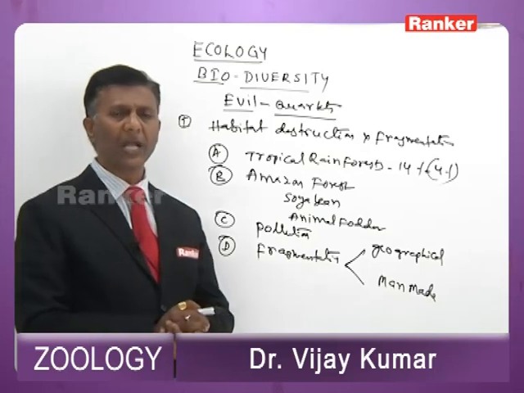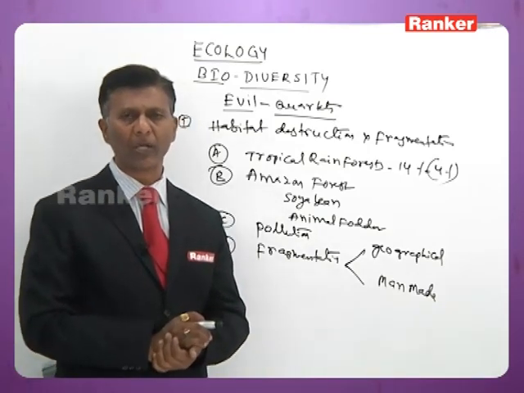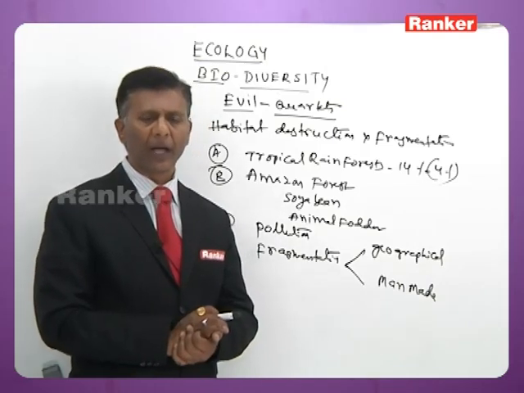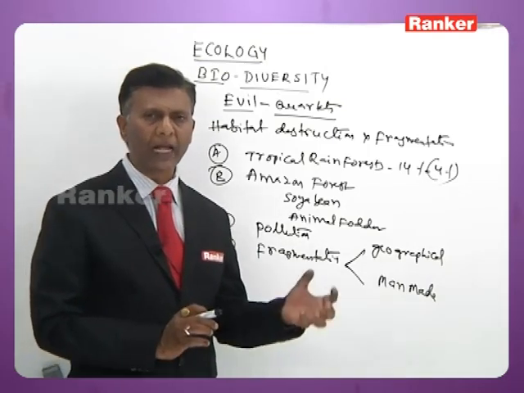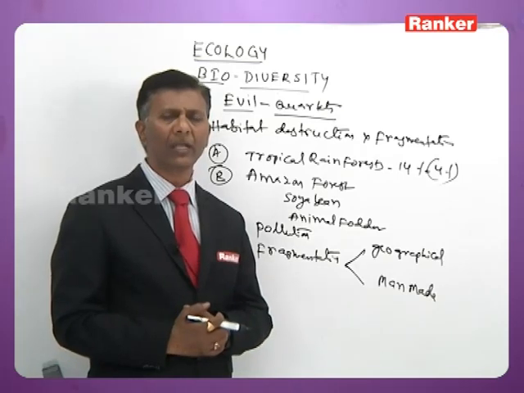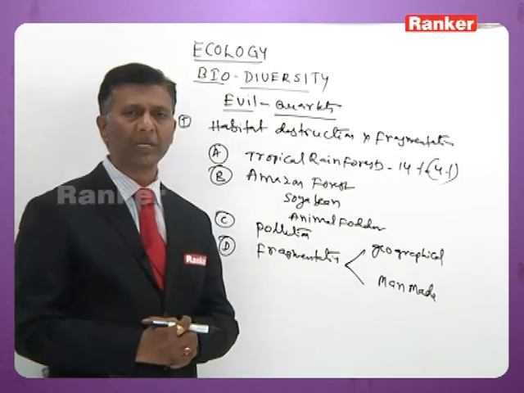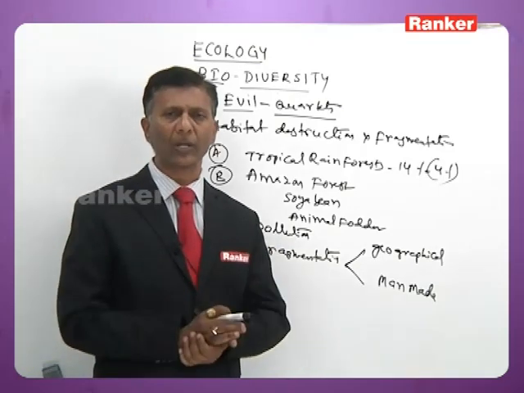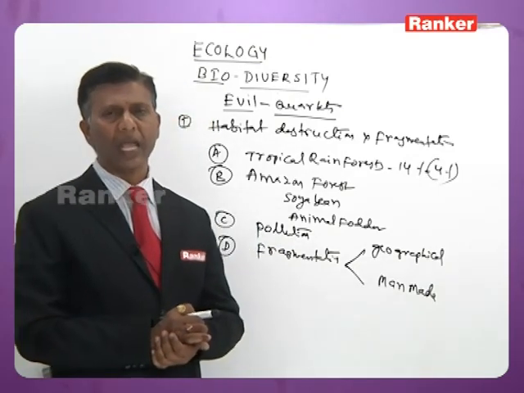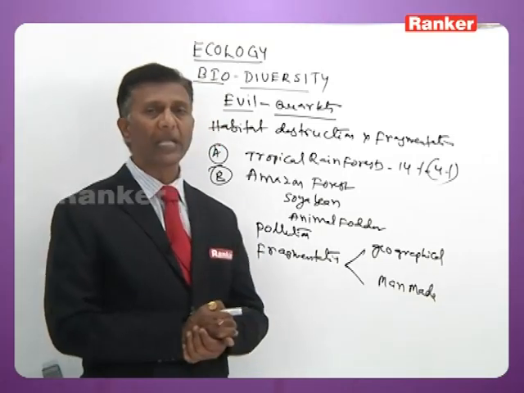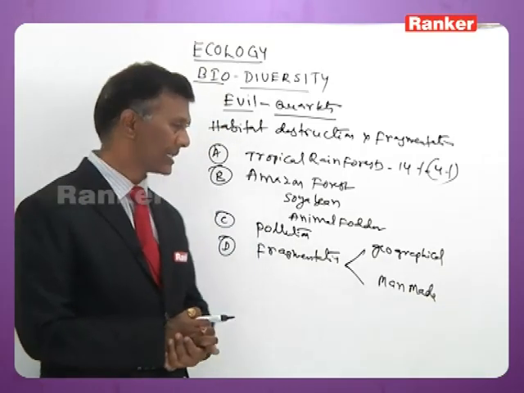Man-made fragmentation is caused by the laying of roads across the forests, by mining operations, and by all other human activities, which fragment the entire biodiversity. Most mammals and birds require large territories for breeding and all the other activities; because of fragmentation, the territory is affected to a larger extent.